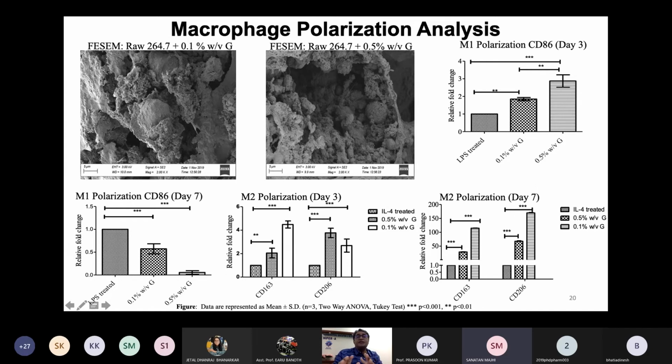So it confirms that the material is pushing the macrophages towards the M2 and anti-inflammatory phenotype, which is beneficial. And when we compared this data with the EDC and HS, we found that probably graphene is mainly responsible for this polarization, promoting more anti-inflammatory type of macrophages.